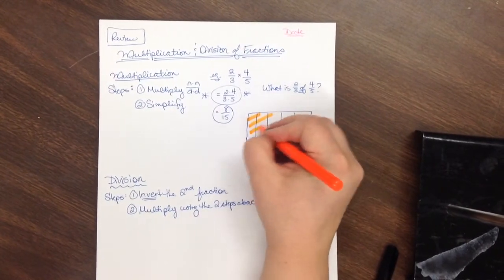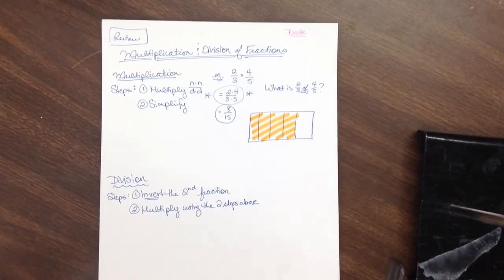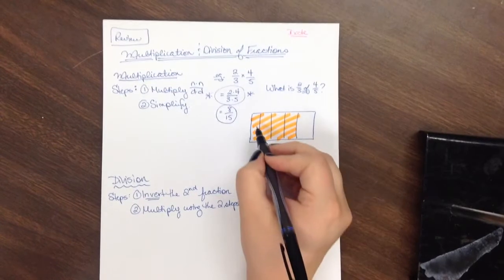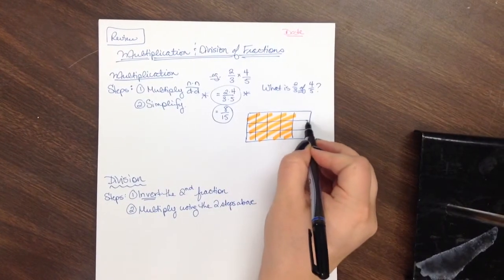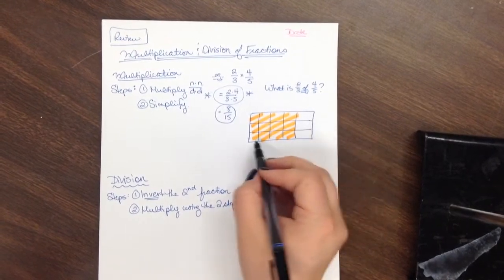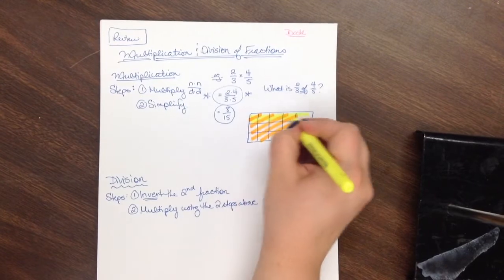I have 4/5 shaded in. Now I want to know what is 2/3 of these 4/5. So let's now divide my shape into thirds in the opposite direction. So now I have thirds going horizontally. And let's shade in 2 of those thirds.